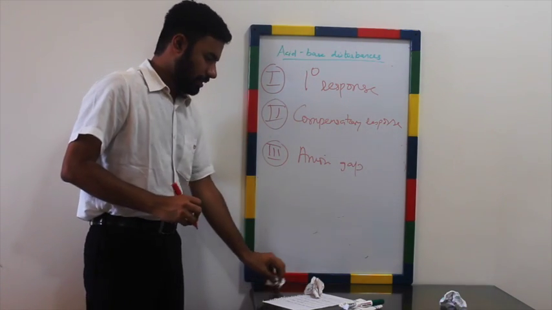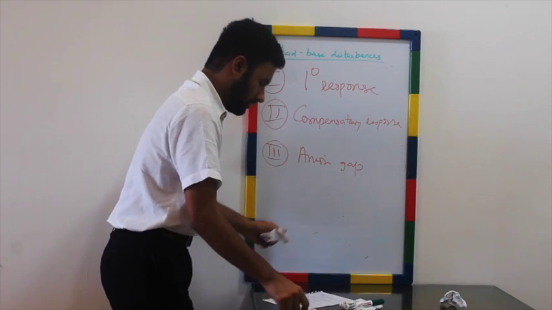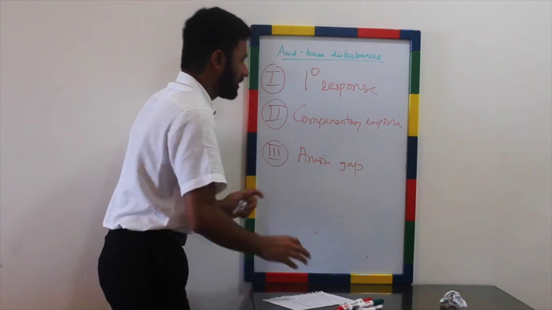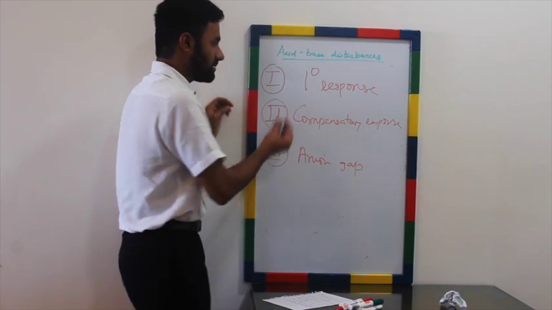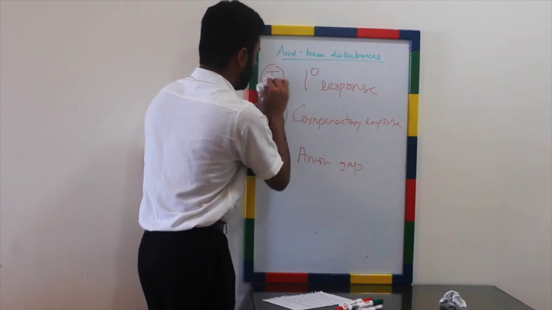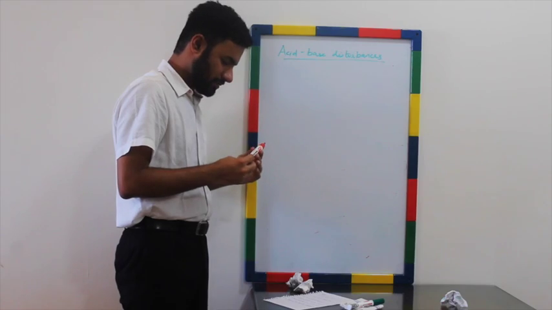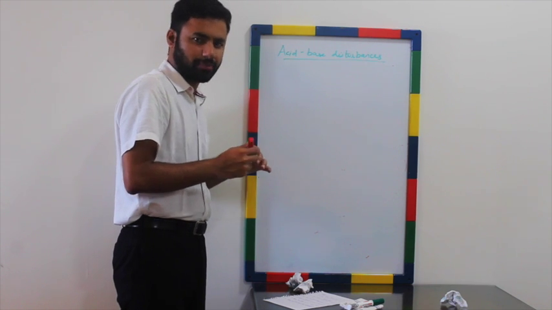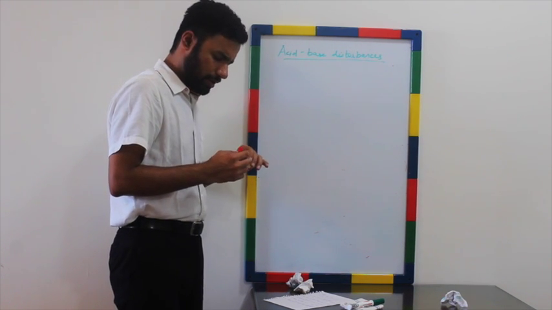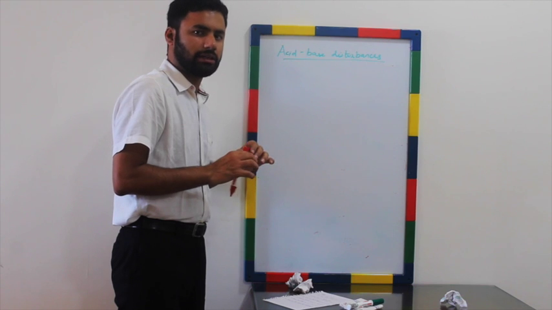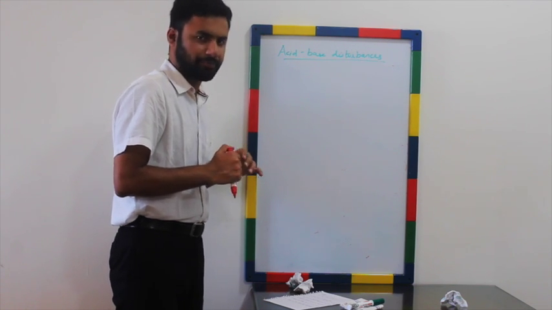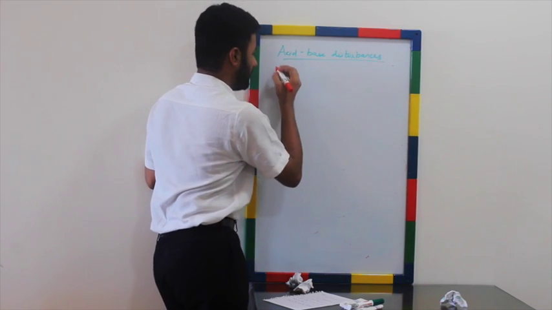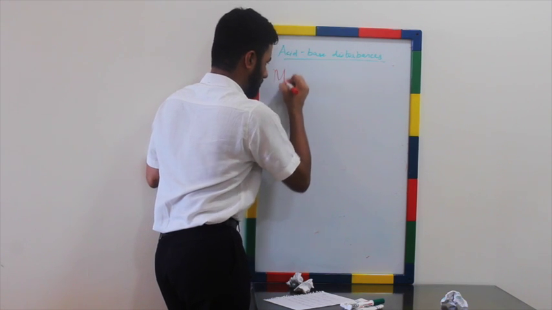Okay. So now we'll go through a few examples to see how to determine the acid-base disorder. Before I go to that, I'd like to talk about another very important concept, which is called the delta gap.